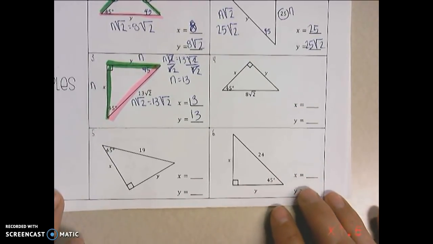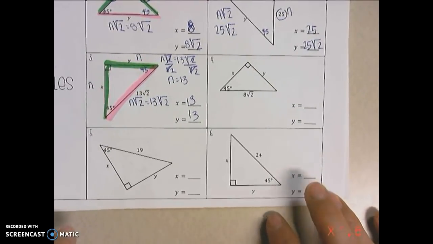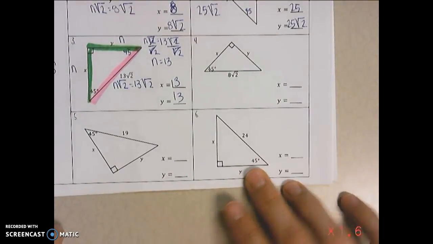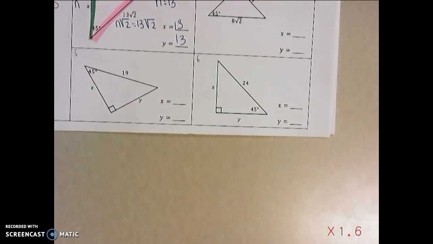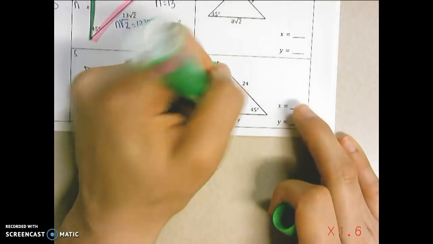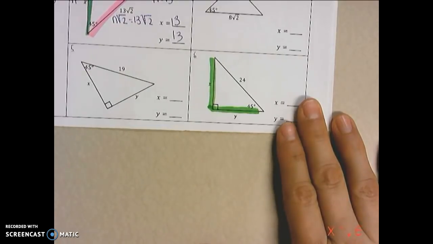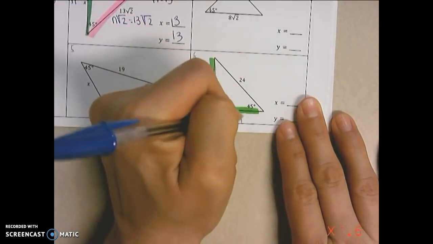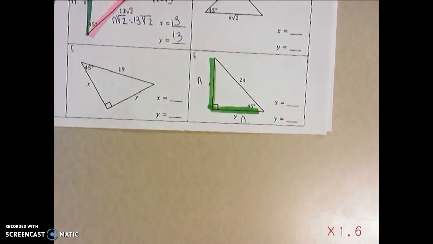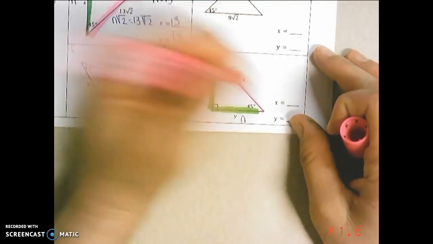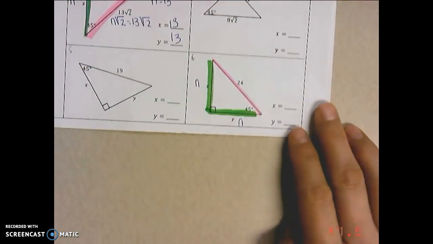Okay, let's now look at number 6. Again, my two legs are green, and they're equivalent, so n and n, and then my hypotenuse is n rad 2.